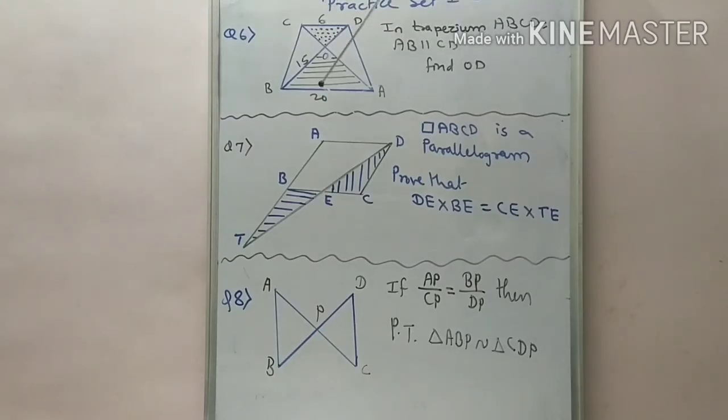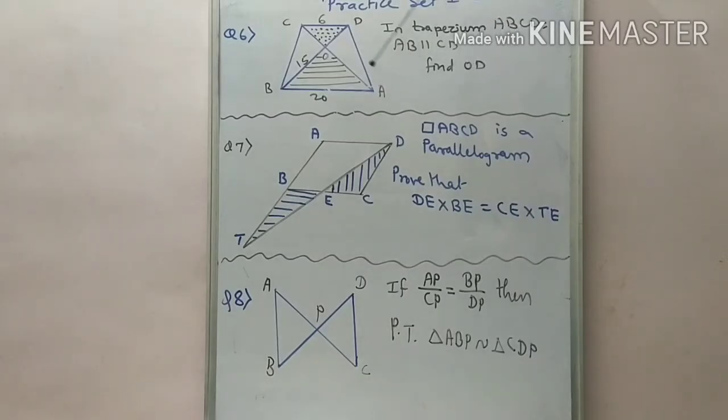So this example is the same as we solved in the 5th one. Here again we form these two triangles and show these two triangles are similar triangles. Then taking the corresponding sides in proportion, and as you substitute those values in that proportion, by cross multiplication you get OD.